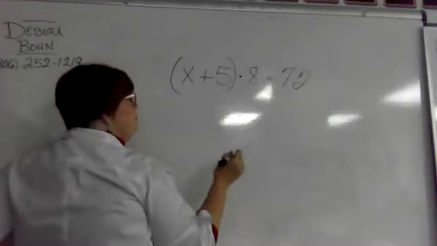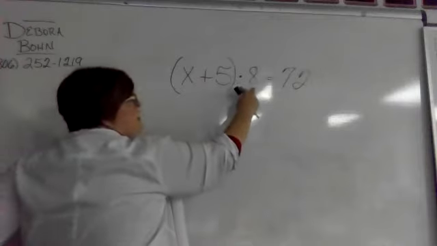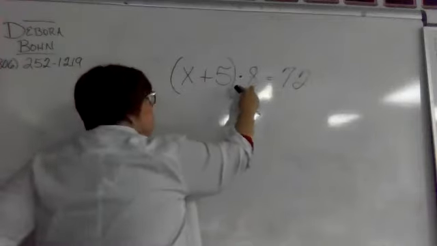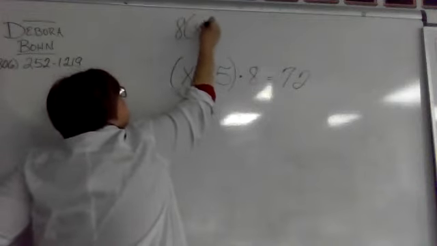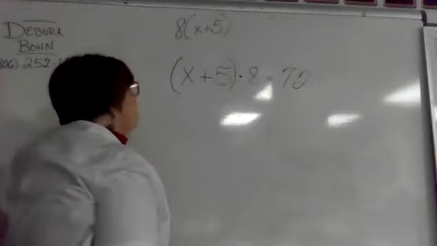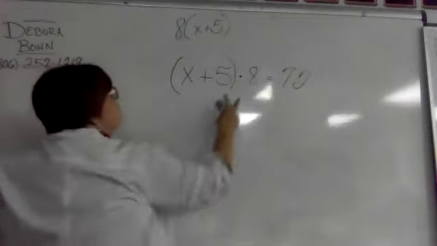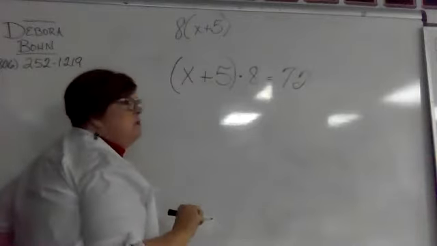A lot of students have a really hard problem with the 8 being here. I want you to understand that this is exactly the same thing. And I have told students you can actually move this to the front if it'll make it easier.